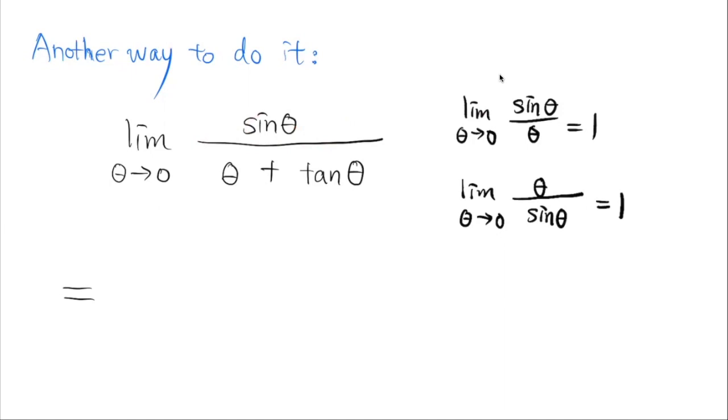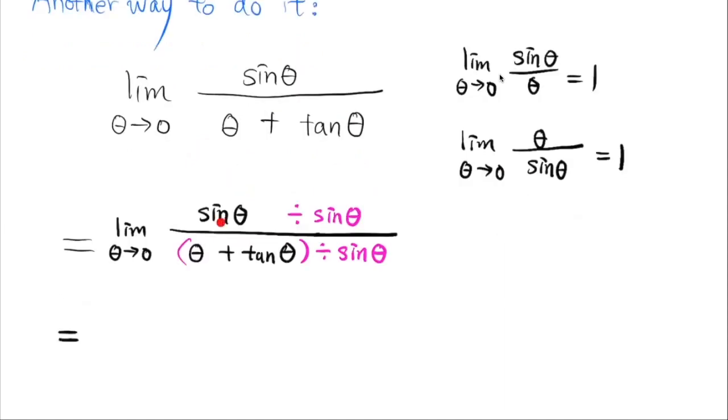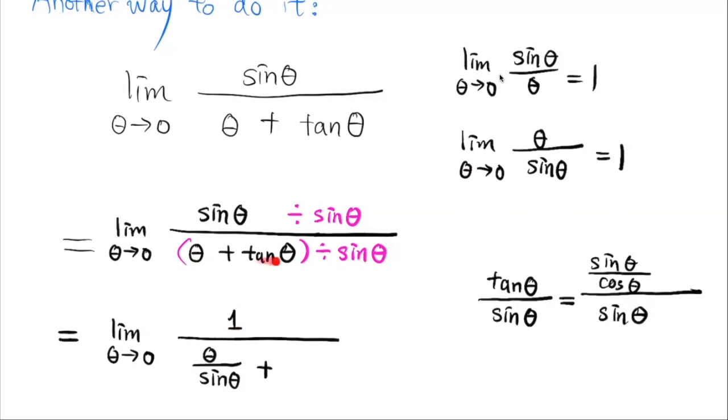That way I will have a theta over sine theta here, and then this one also will be changed. So how about we try to get this closer to this? Now once you divide sine theta up and down, you get 1 in the numerator, theta divided by sine theta. Now tangent theta divided by sine theta, the sine theta here will divide out, giving you 1 over cosine theta.